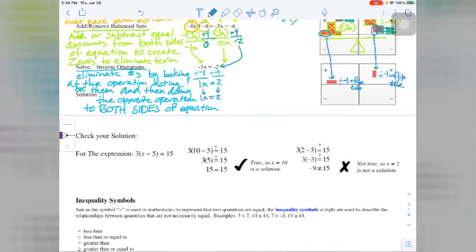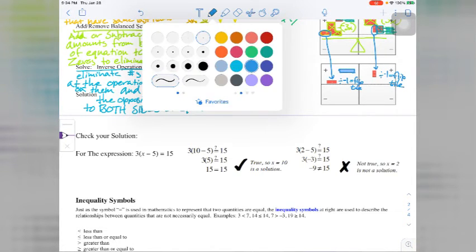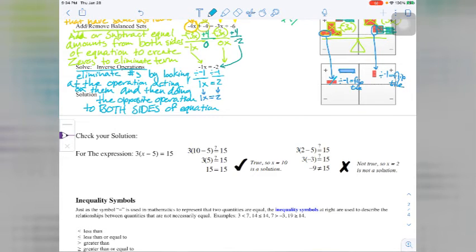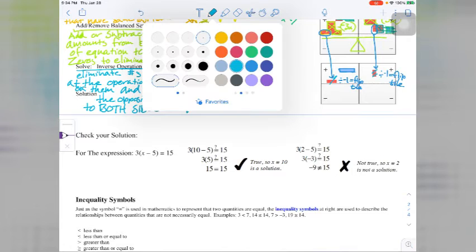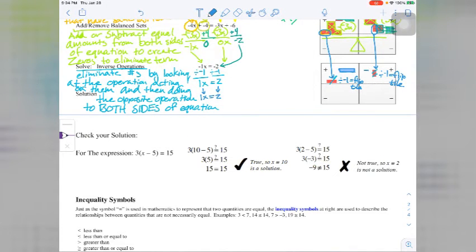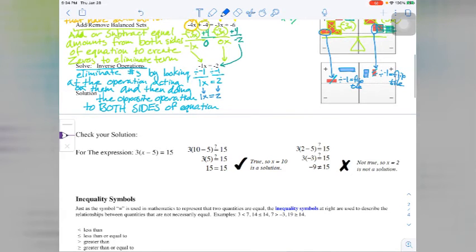Sometimes it'll mean flip the tile and also divide the tiles into pieces, but in this case, we're just flipping them over. So what I'm going to be left with is, this negative x turns into a positive x, and this negative x is now gone. And then these -2 are going to turn into positive 2, like that. And that's my answer.